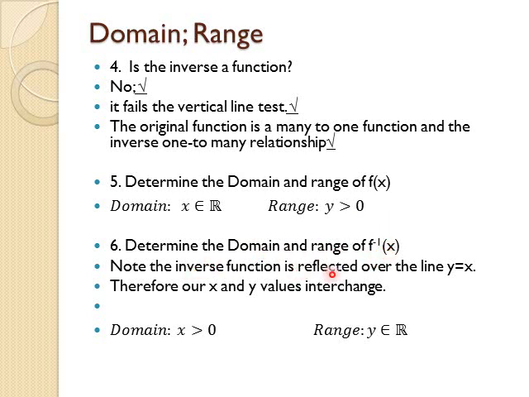Note the inverse function is reflected about the line y = x, therefore x and y values swap. So if the domain read x is an element of the real numbers, then the range would read y is an element of the real numbers. You see x and y swapped. My range there is y greater than or equal to 0, so my domain would be x greater than or equal to 0. I hope you follow and can see what I've done.